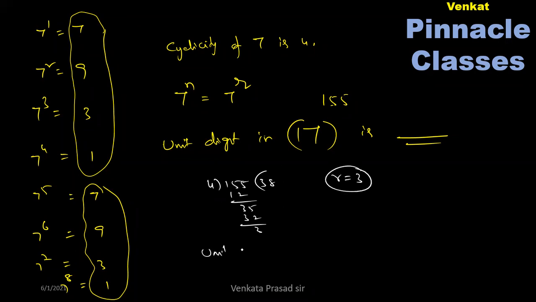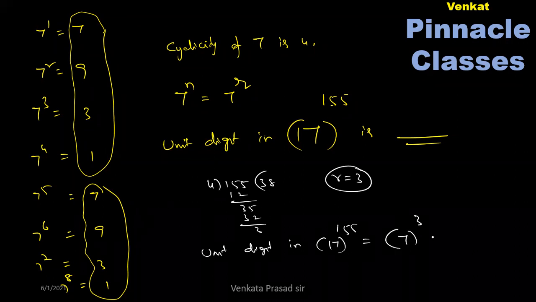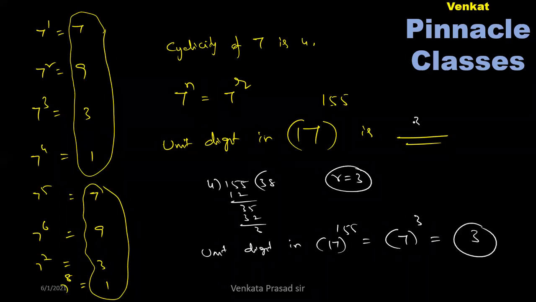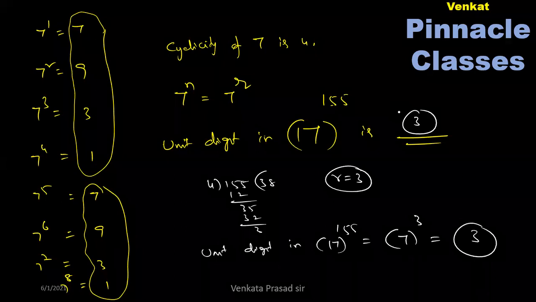So unit digit of 17 power 155 is how much? 7 power how much coming? 3. What is the unit digit here? That is the answer.